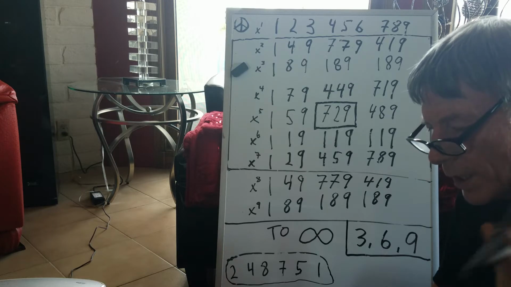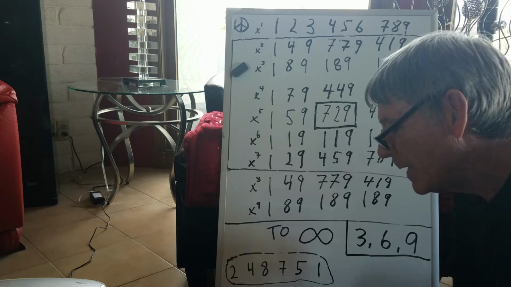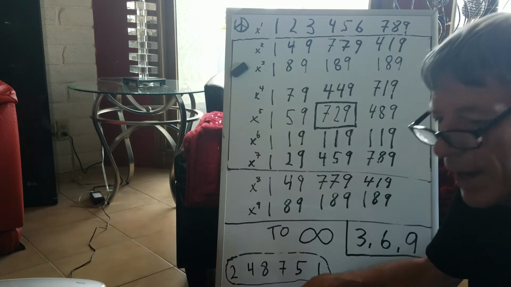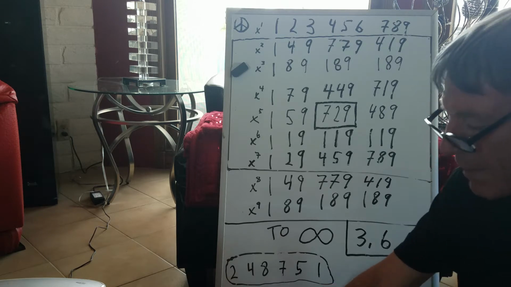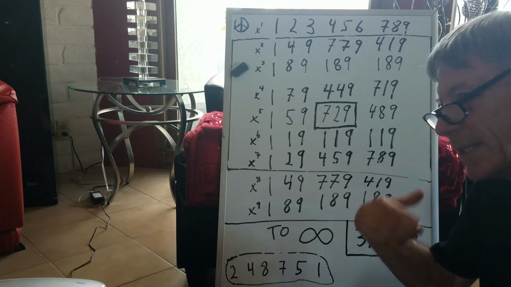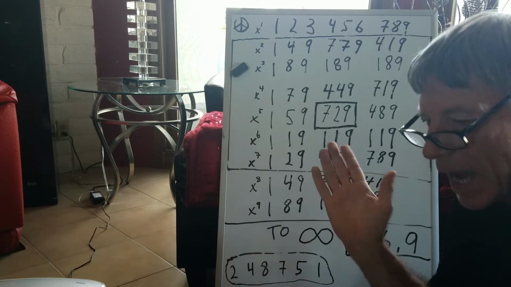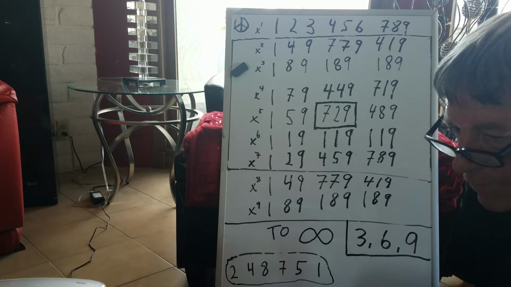Well, who's wrong here? The calculator, because the calculator has to make some sort of approximation to come up with that big number. But it's wrong because it's not exact. It stops to round off.